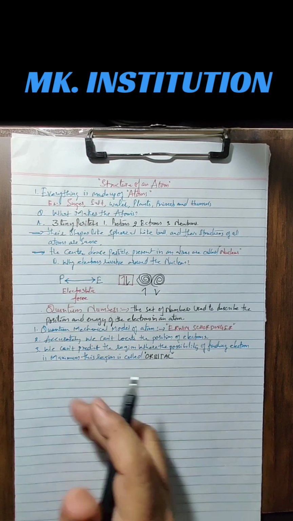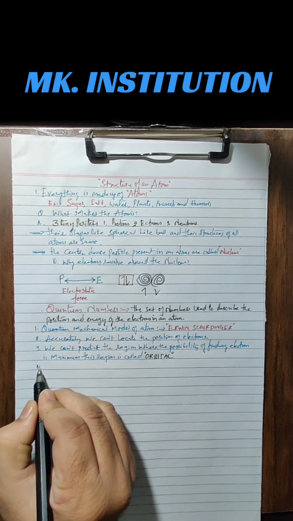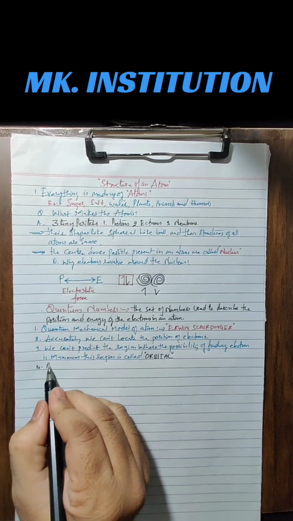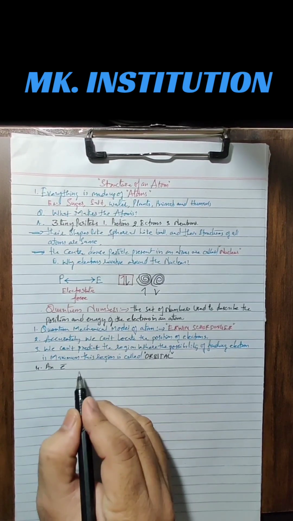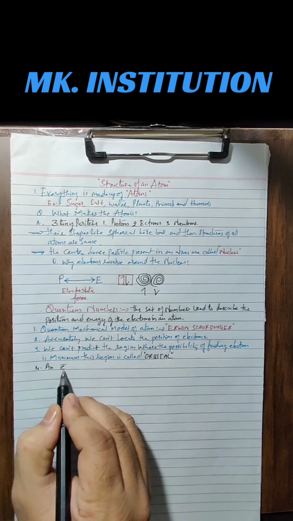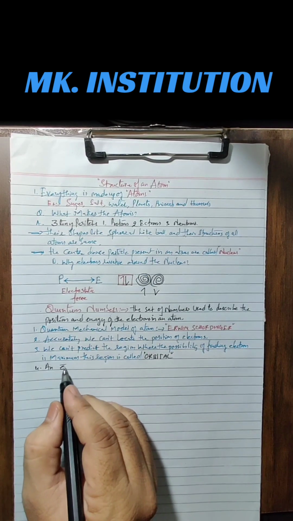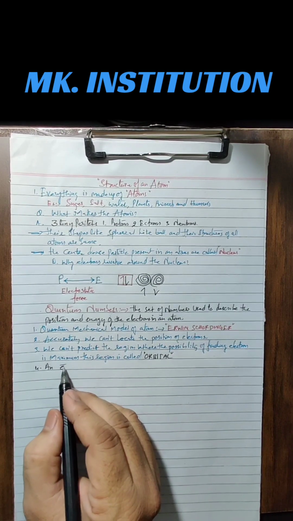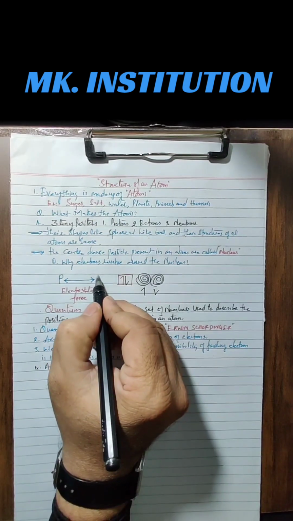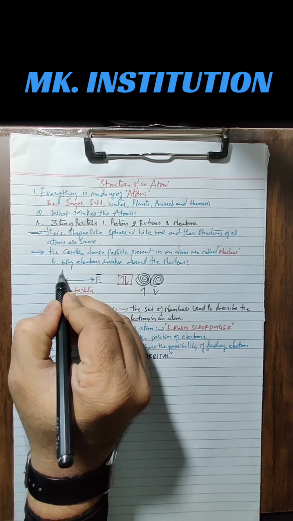Clear? Next, an electron is denoted by E, and its charge is negative. An electron is always a negatively charged particle. Protons will be positive. Electron always negative and proton always positive.